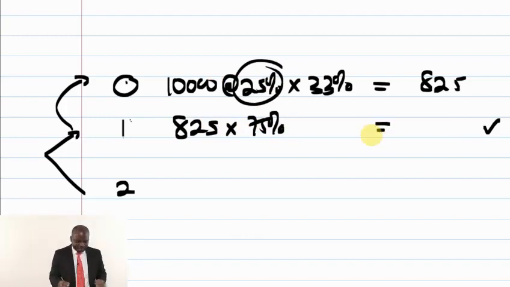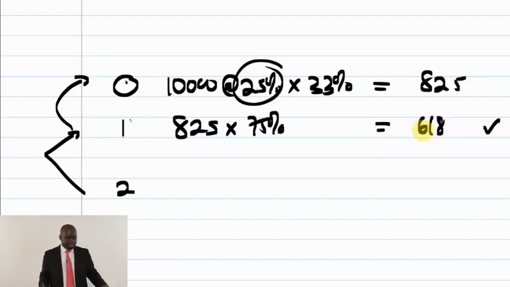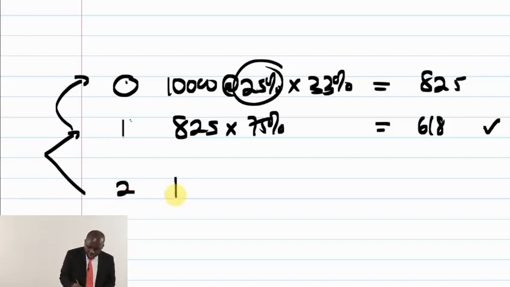So 825 times 0.75 gives you 618. Now, when you come to year 2, you don't claim any capital allowance. The only thing you can claim is the balancing allowance or balancing charge, because that is the time the asset will be sold.